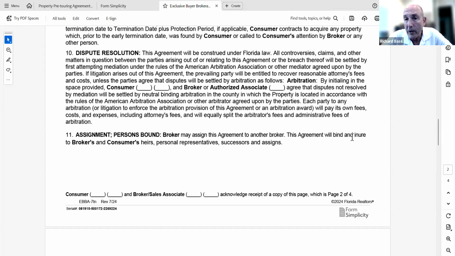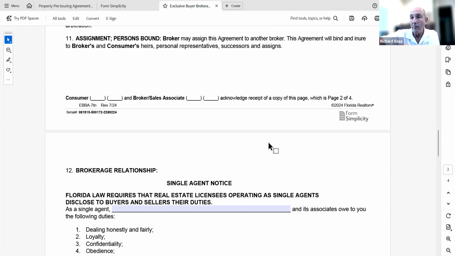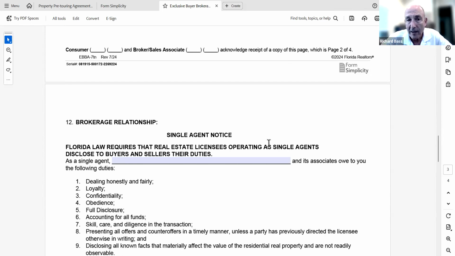But they're agreeing that this is binding upon all of their heirs, representatives, successors, and assigns. Again, this is what prevents them from using Uncle Joe to go out and buy the property and then transfer it to them. You can't do an end run around us.